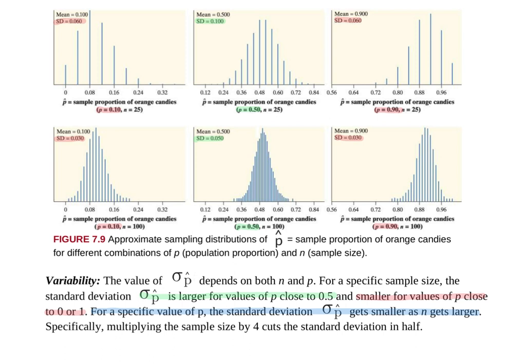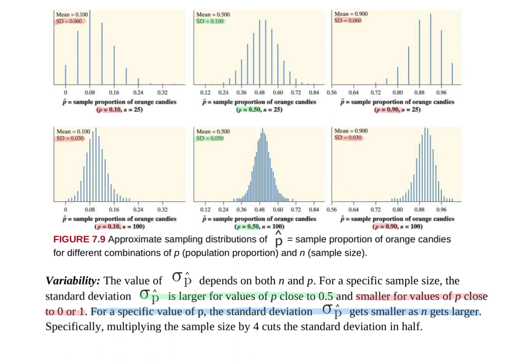All right, so last up, but certainly not least, is variability. And the variability that we're going to focus on here is going to be standard deviation, so our little sigma of our p hat. So sigma, or standard deviation, has a relationship between n and p, and the relationship is as follows.